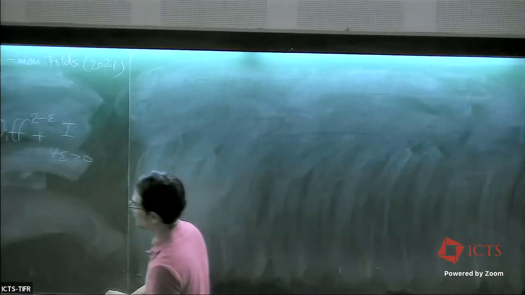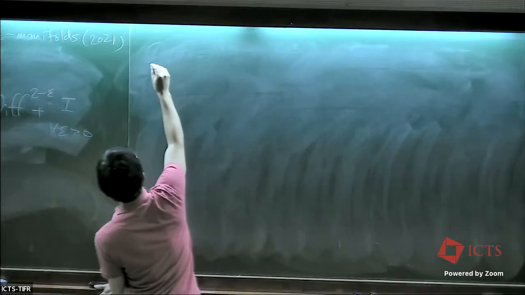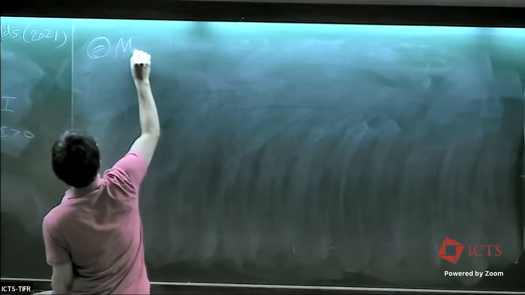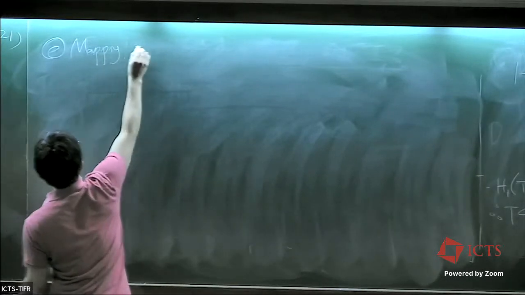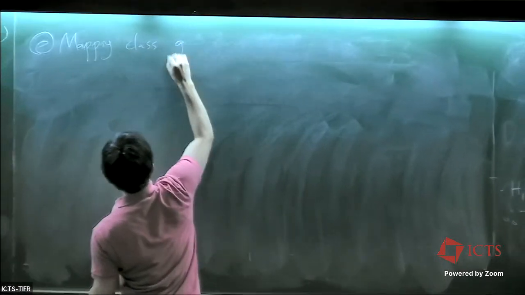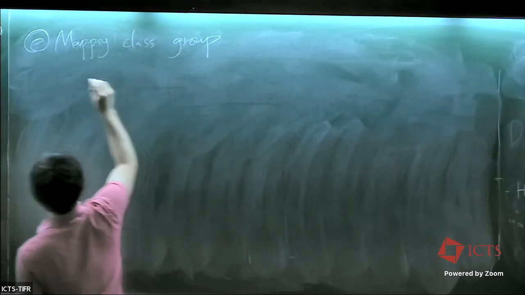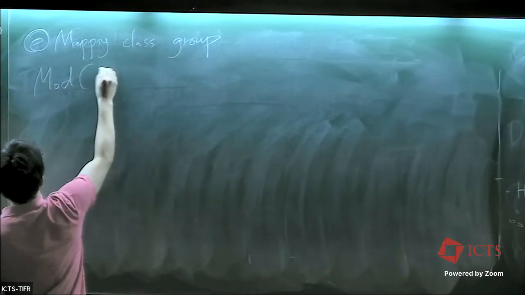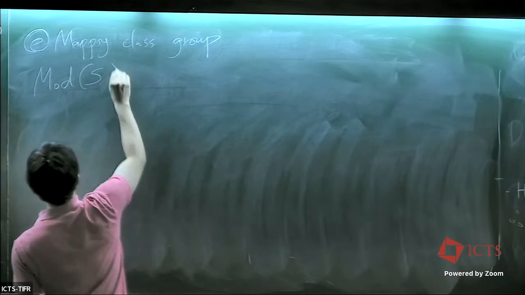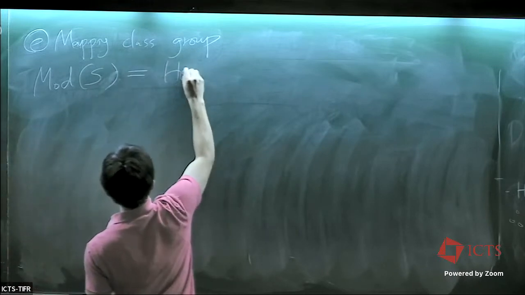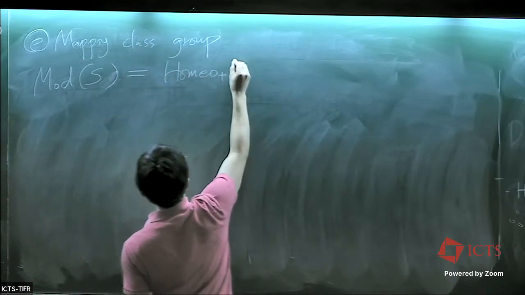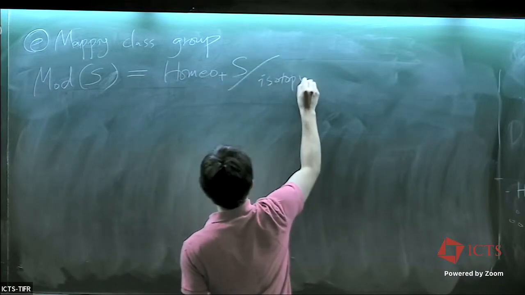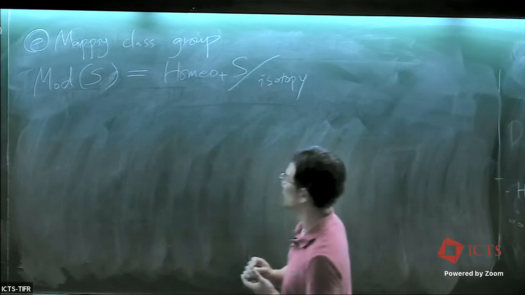So another thing is, I'll just omit some of the background, but regarding the mapping class group. The mapping class group of S is defined as the homeomorphism group quotient by isotopy, or the homeomorphism group modulo those isotopic to the identity.